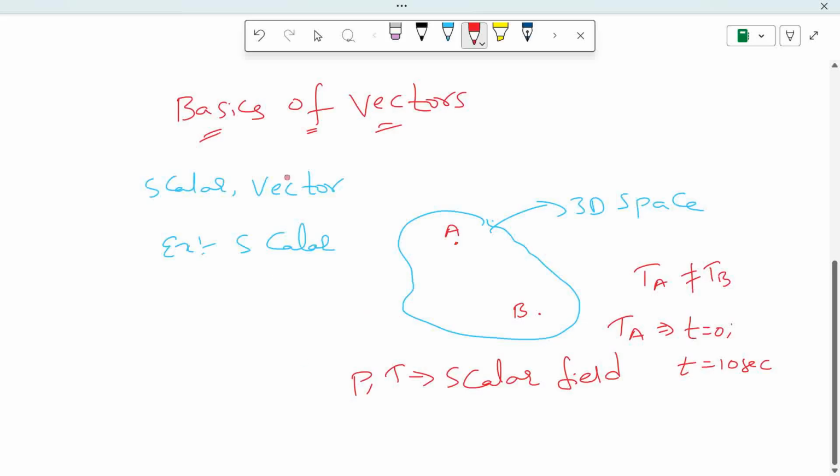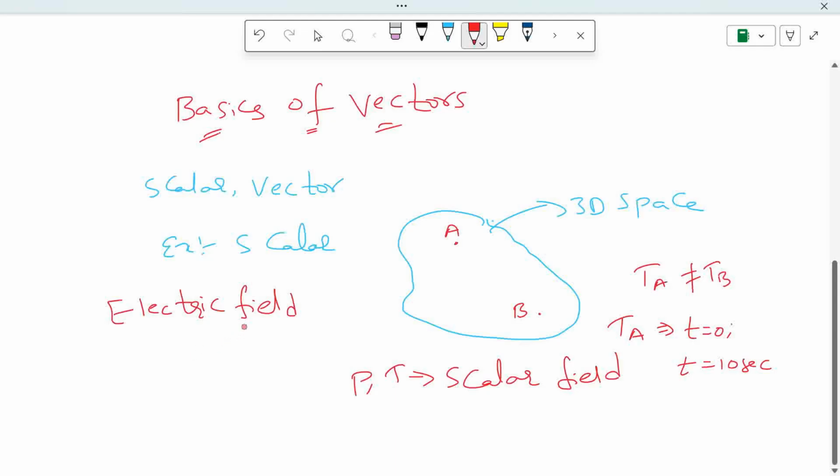Similarly, if we take vectors like electric, we call it the electric field. Why do we call this the electric field? Because it varies with position and time. I'm not saying it must vary, but it can vary.